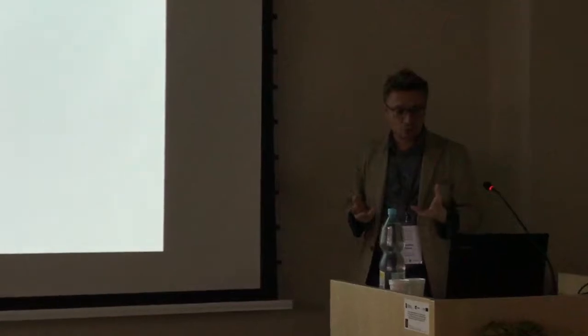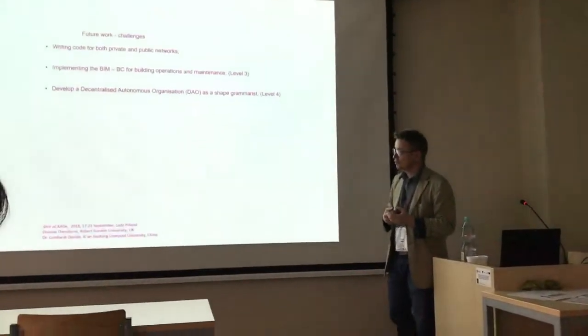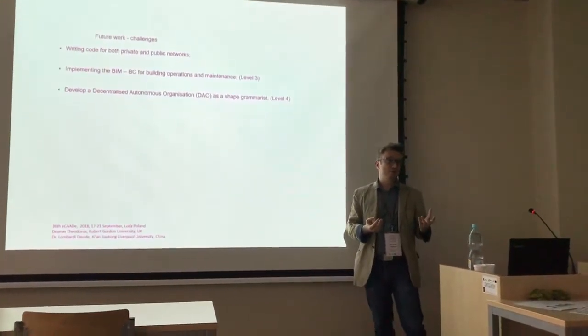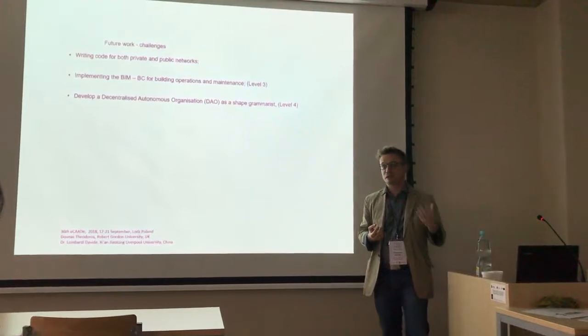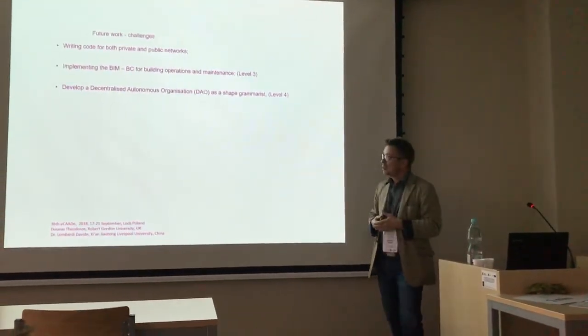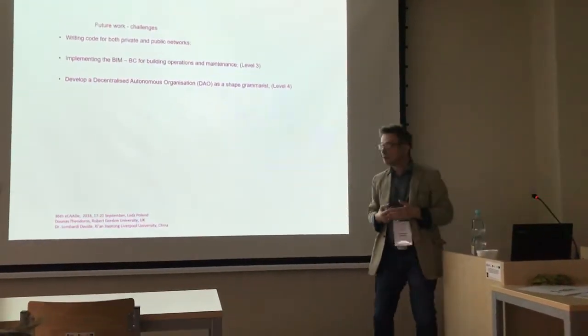So the first idea is to try and write code and have it ready for both private and public networks, so both blockchains that potentially you don't want to be in the public, but at the same time you want them to be distributed as a kind of redundancy mechanism. Think nuclear plants or similar infrastructure.